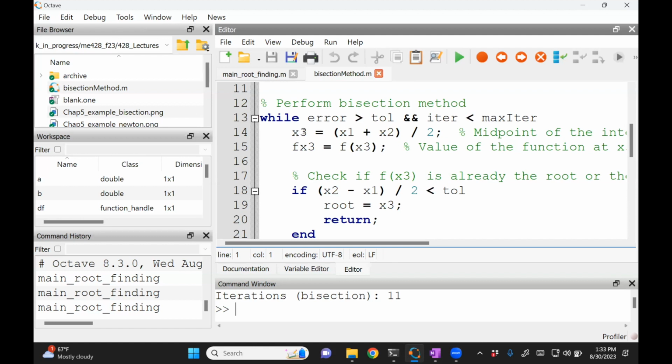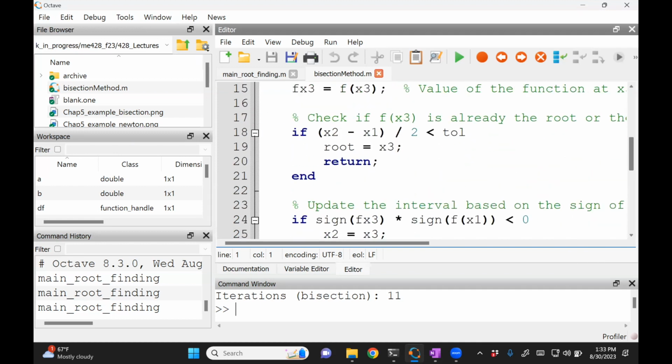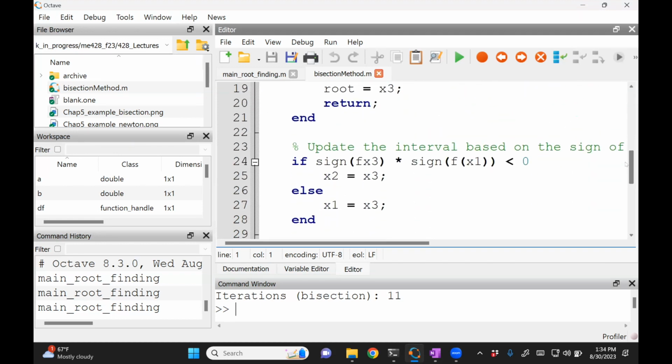Each time you update the search direction, x3 is x1 plus x2 divided by 2. You compute the new f of x, which is f of x3. Depending on the sign, the multiplication less than 0 or greater than 0, you substitute the bracketing component. So you replace x1 or x2 with x3 depending on which of those two values still brackets the root.